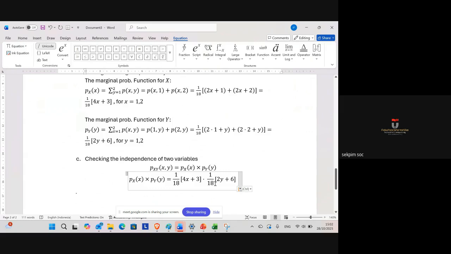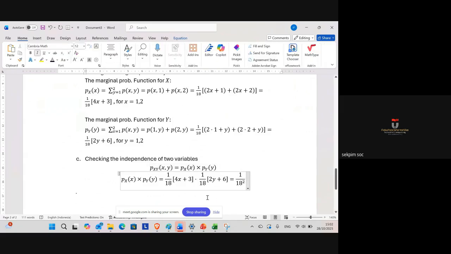So this equals 1 over 18 squared of this function, (4x plus 3) times (2y plus 6).